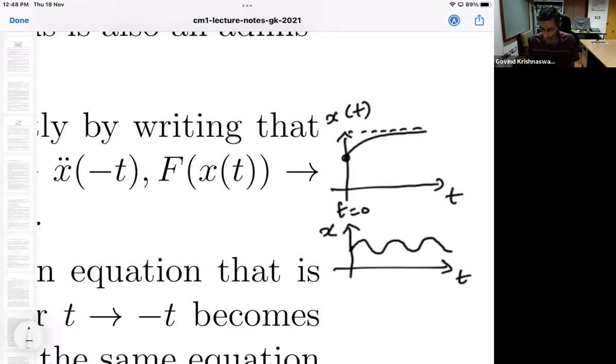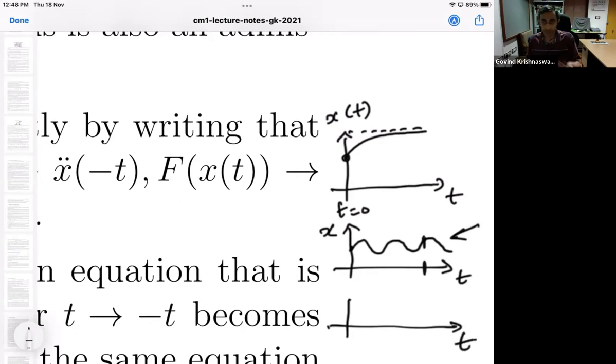Now let us see what we mean by a movie of this solution played backwards in time. We start here somewhere at some time. T equal to 0 is not that important; you're free to start at some other time. So you start here and play the movie backward. What will you see?